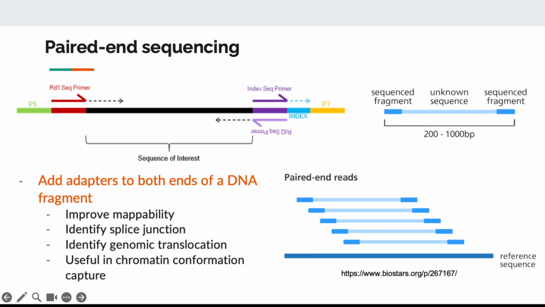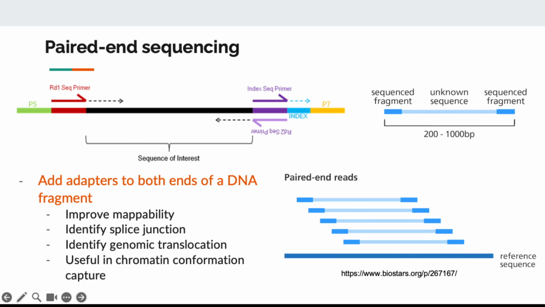Because imagine that you have a DNA fragment and you want to know which chromosome this fragment comes from. If you have a forward read, maybe just 30 nucleotides from the start and 30 nucleotides from the end, and you map these two sequences, the first might map to, let's say, 3 chromosomes, and the second may map to another 3 chromosomes.